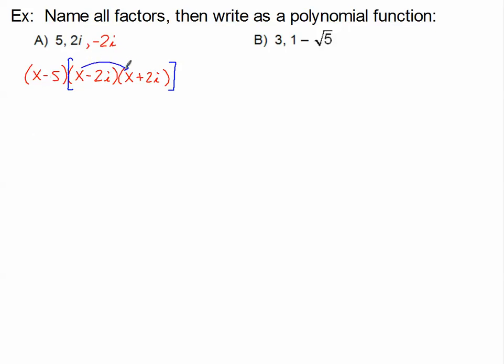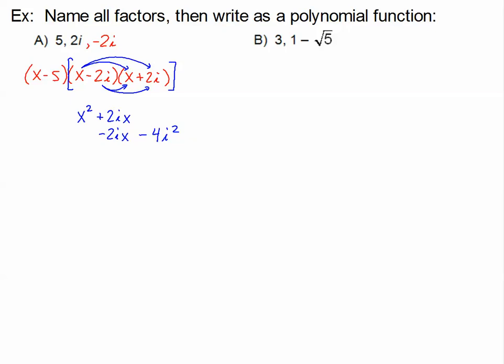So x times x becomes my x squared. x times positive 2i becomes 2ix. x times negative 2i becomes negative 2ix. And then negative 2i times positive 2i becomes negative 4i squared.